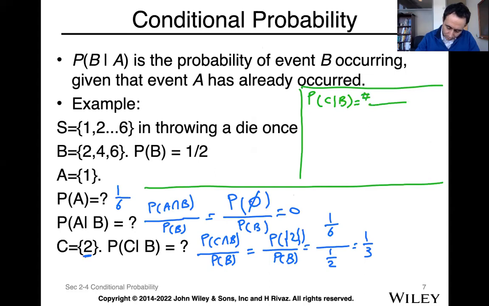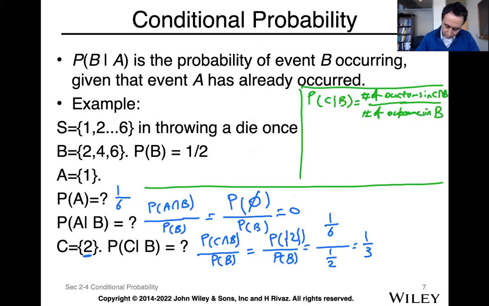number of outcomes in C and B divided by number of outcomes in B, right?